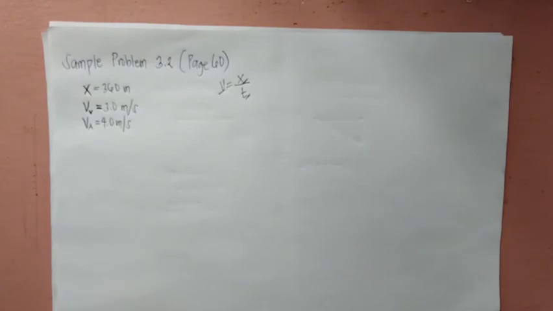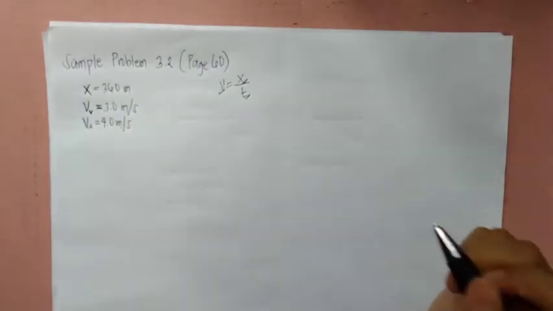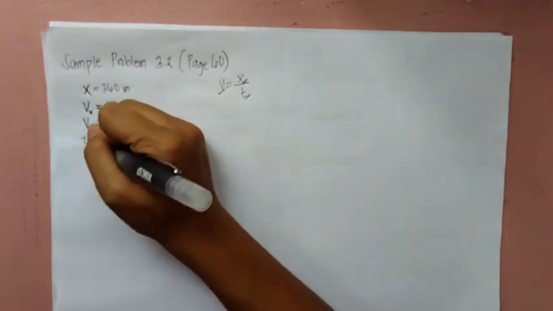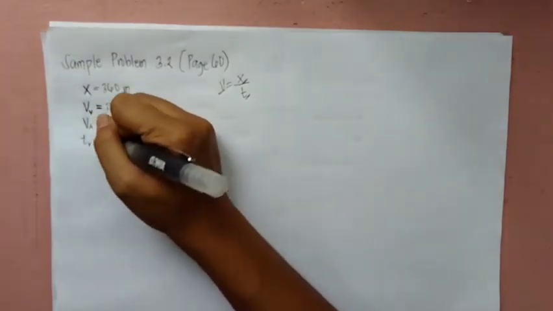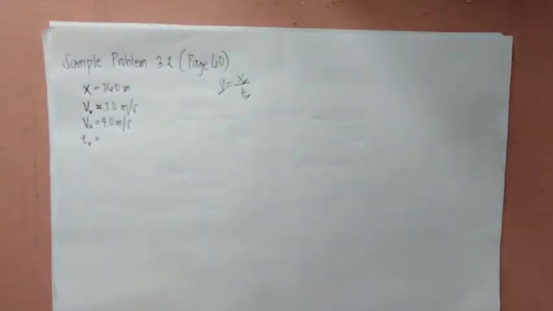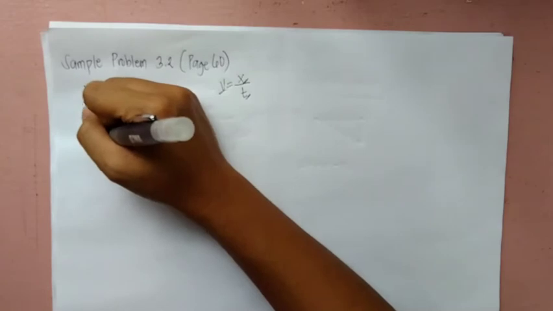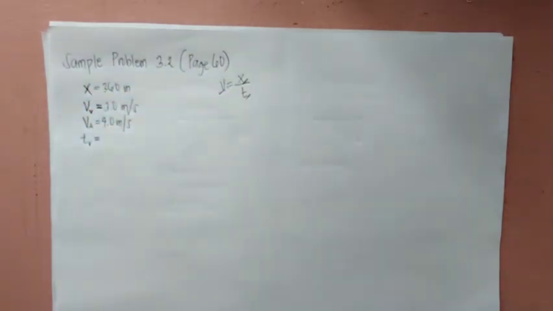So Vanya's time could be T sub V. Vanya's time is not directly stated in the problem. What is stated there is 10 seconds later. So the exact time that Vanya traveled was not stated.